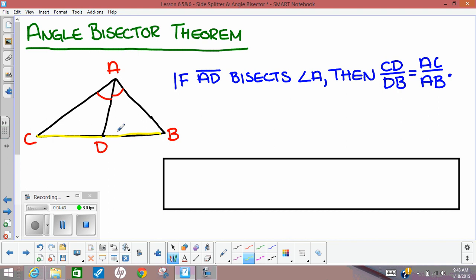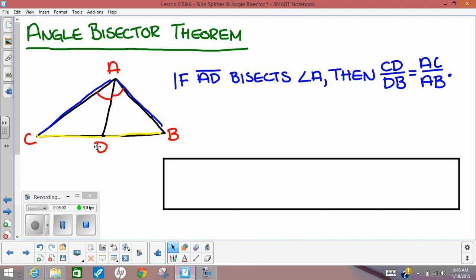So the side that the angle bisector intersects is going to be cut into two smaller pieces that we write a ratio with. That ratio should be equal to AC over AB.